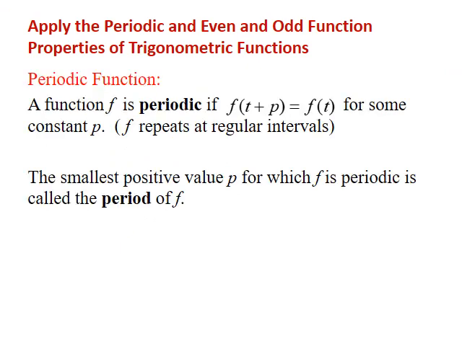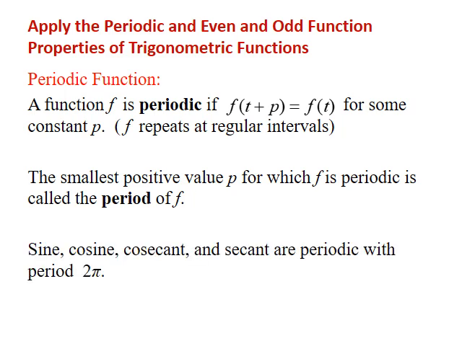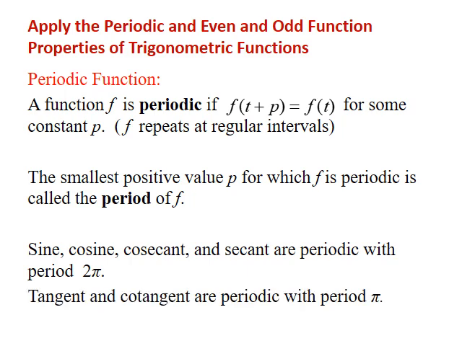Even and odd functions and periodic functions, basically this is a little wordy, and I'm not super concerned about the wordiness. The thing that is important on this slide is this here. A period is basically a full revolution, or a full interval until it starts repeating itself. This will be easier to see when we start graphing trig functions.